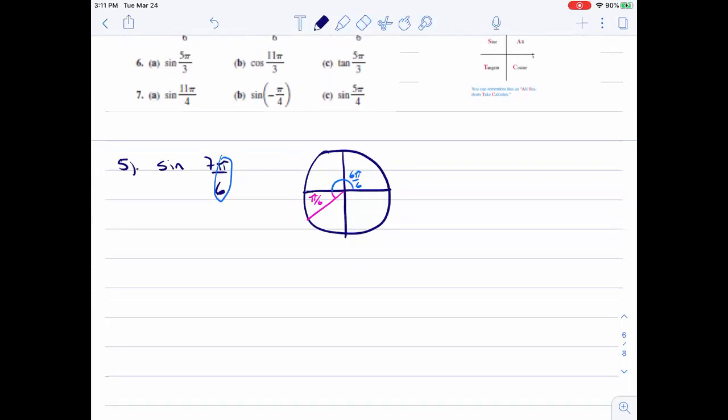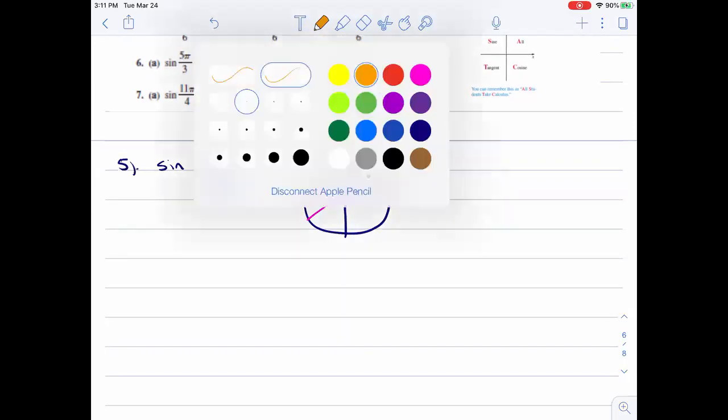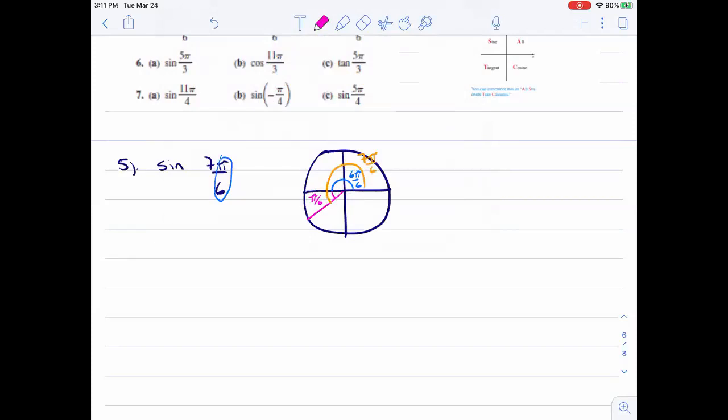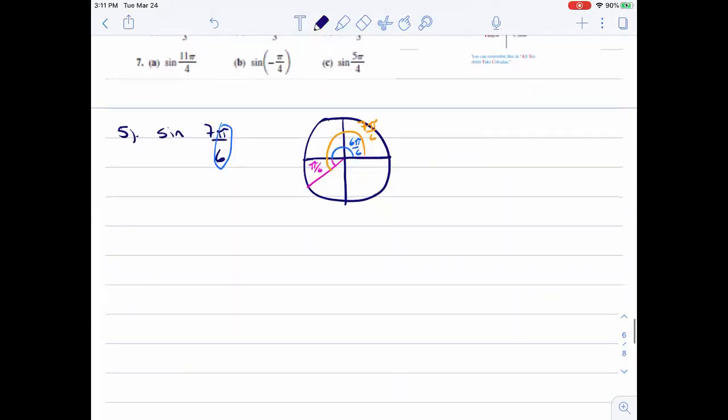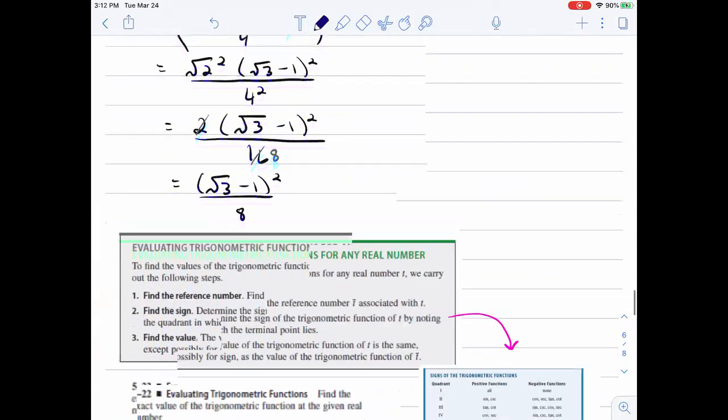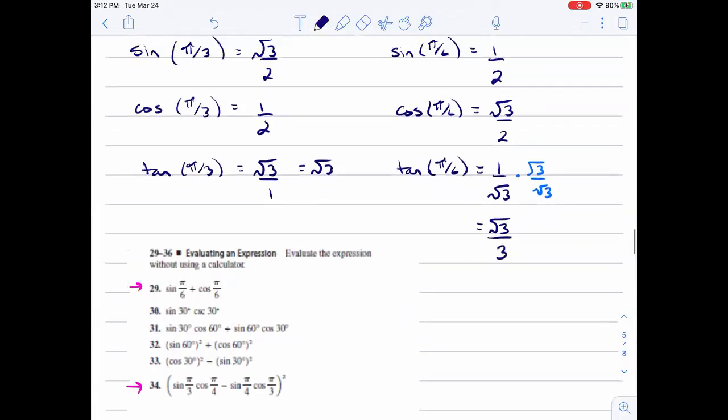Let me do this in a different color so it's not as confusing. So this distance here is 7 pi over 6. And so from my special triangles, I know that if I've got pi over 6 here, then what did our triangle look like?